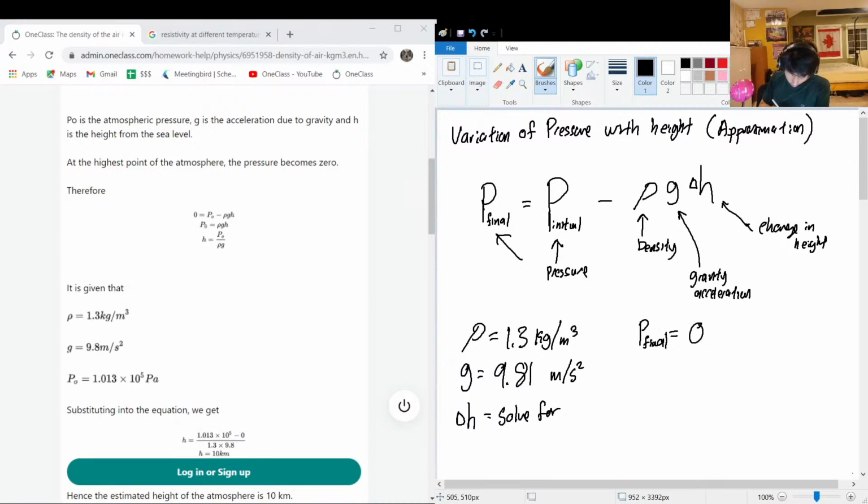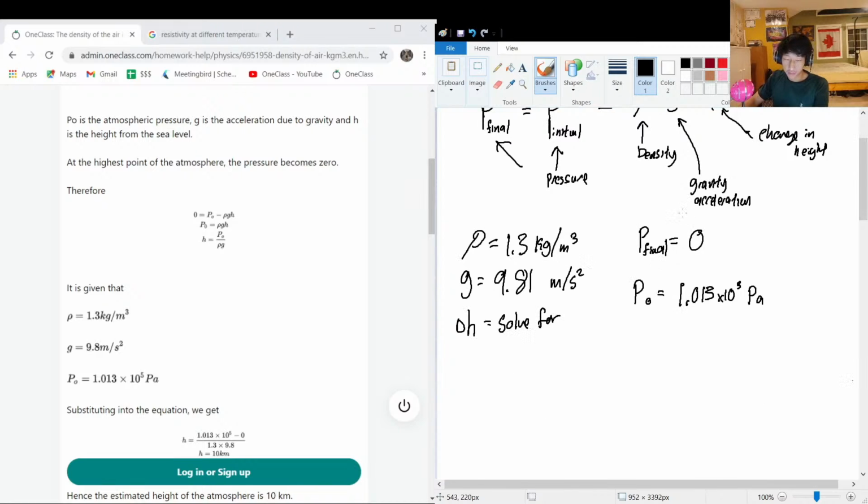So P0 is equal to 1.013 times 10 to the 5 pascals. Pascals is newtons per meter squared, I believe. Okay, so these are our values, and then we just have to solve for h.